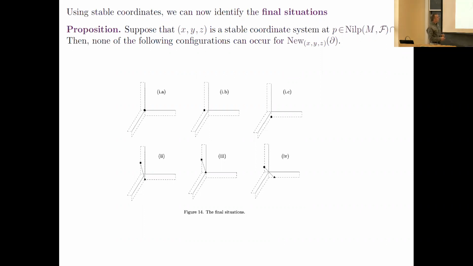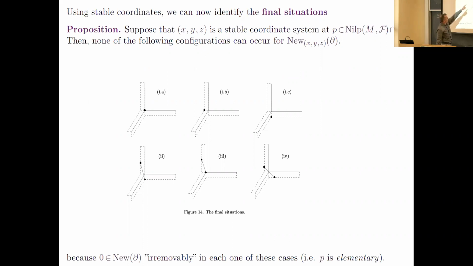Okay, why is this so? Because I recall to you that there is a criterion to show that a point is elementary, which was precisely to say that the Newton polyhedron should contain the origin in all possible coordinate systems. So you see that in all these 6 configurations, the origin is contained in the interior of the Newton polyhedron, right?